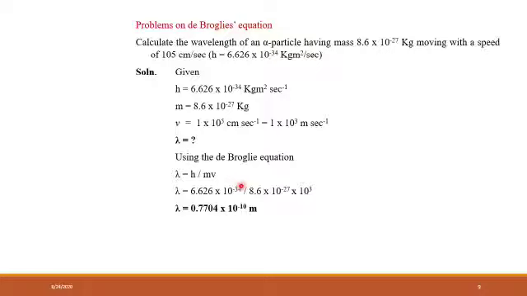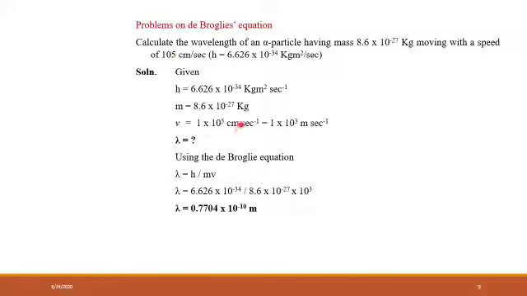Now let us see how this problem can be solved. First of all we write the given values: h is given, the mass of the moving particle is 8.6 into 10 raised to power minus 27, and the speed is 10 raised to power 5 centimeter per second.